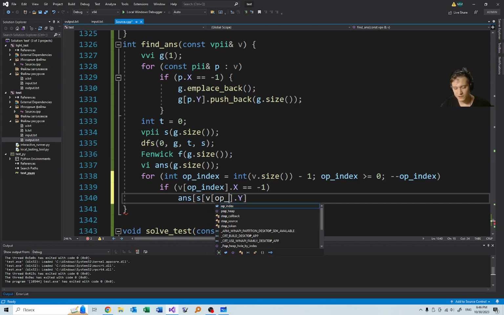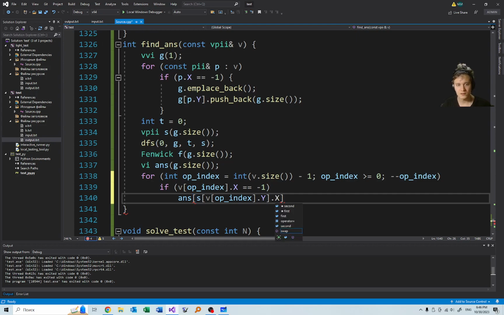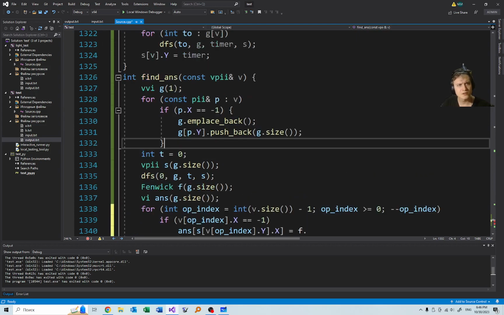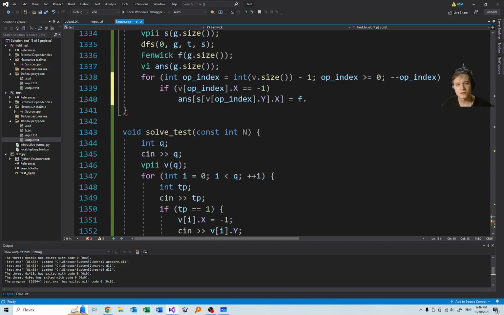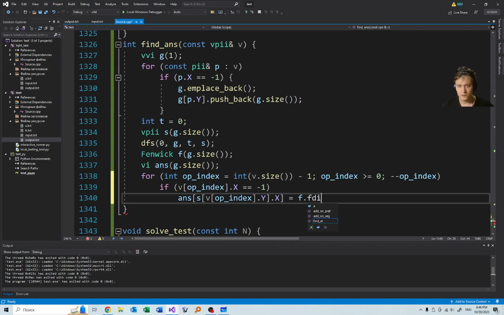is s[op index].y, and s taken dot x, because this is the beginning of our subtree. What does it equal? It equals fenwick dot find, not 2l but just l, find element on position. On which position?